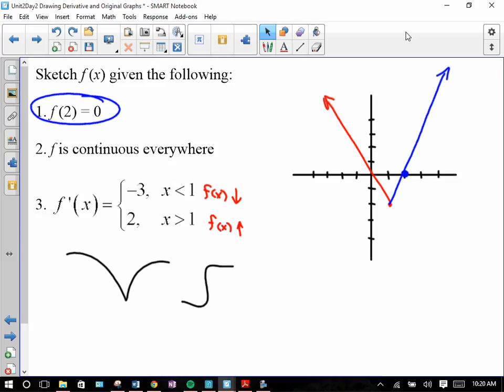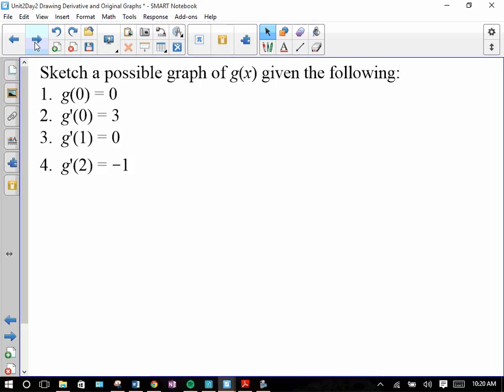Alright? That makes sense though? Mark? Sure. Then write this down, so you wouldn't have to graph it.